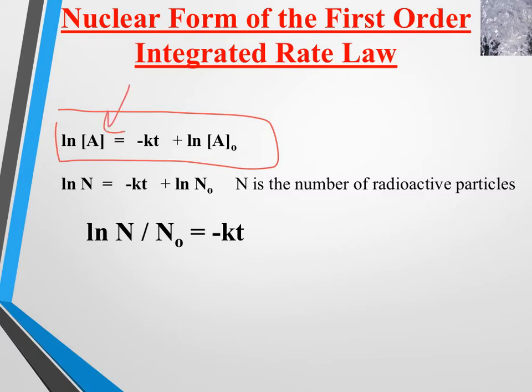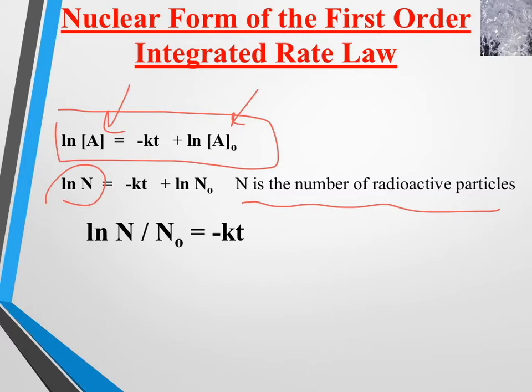So instead of concentration of the reactant, which we designate with an A, they talk about the number of radioactive particles. You'll see N in a radioactive decay. It could be the radioactive count on a Geiger counter, how many pings you get per unit time. So you'll tend to see the N, and that just means number of particles.